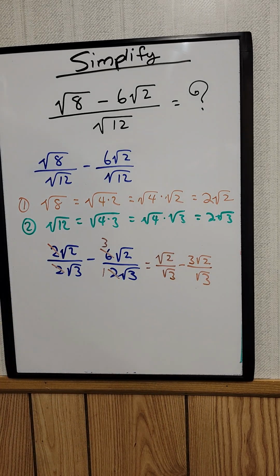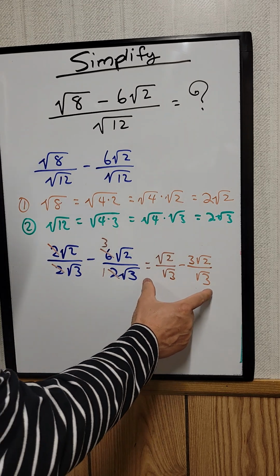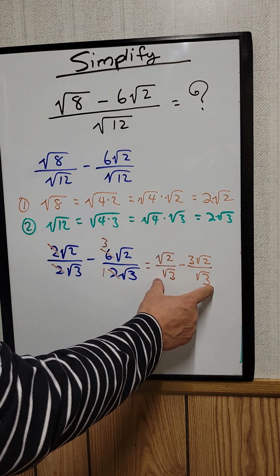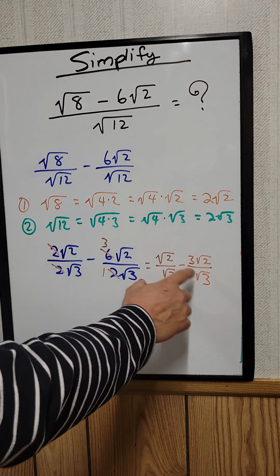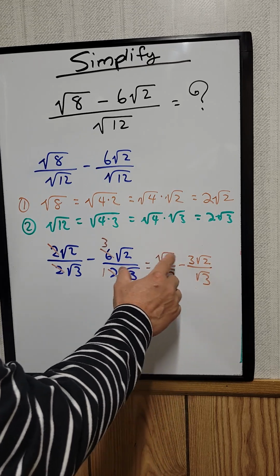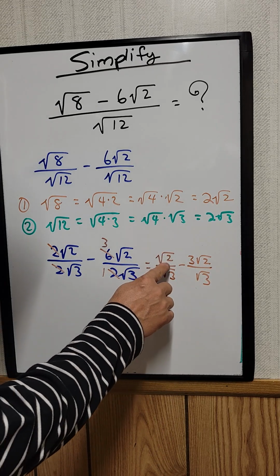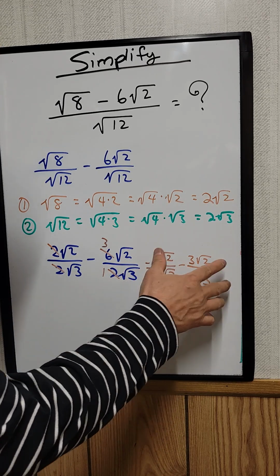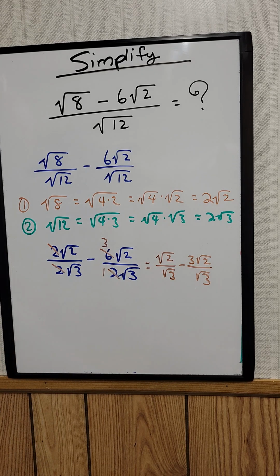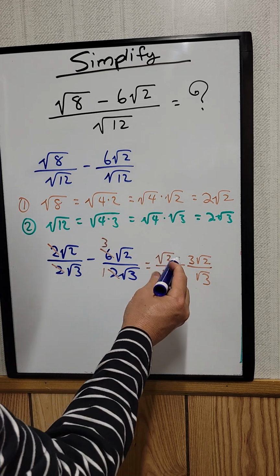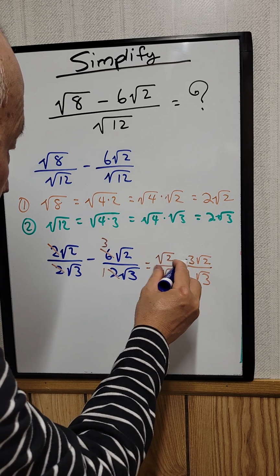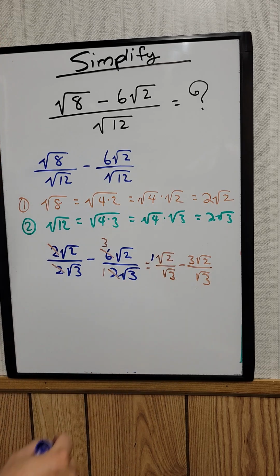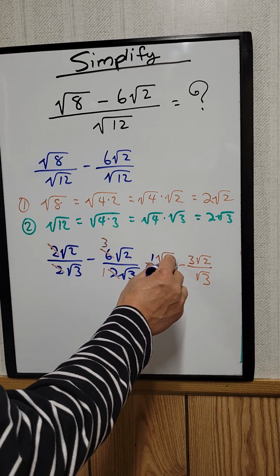Okay? And since the denominators are the same, we can just subtract the numerators, and the numerators have the same radicand right here. We can subtract that. So the answer is, you can just put a 1 in front of here if you want to, 1 times the square root of 2 minus 3 times the square root of 2.